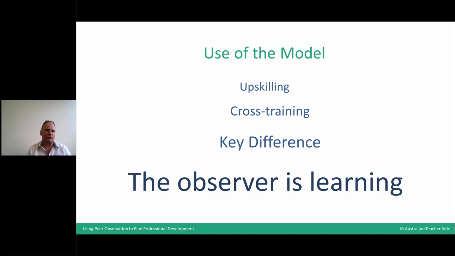They are there to learn from the TA that's running that class. So it's kind of a role reversal of a normal observation, where a manager will come in and use that chance to observe and then give feedback to the TA in the class. In this one, the TA that's observing is there to learn from the person that's running the class.